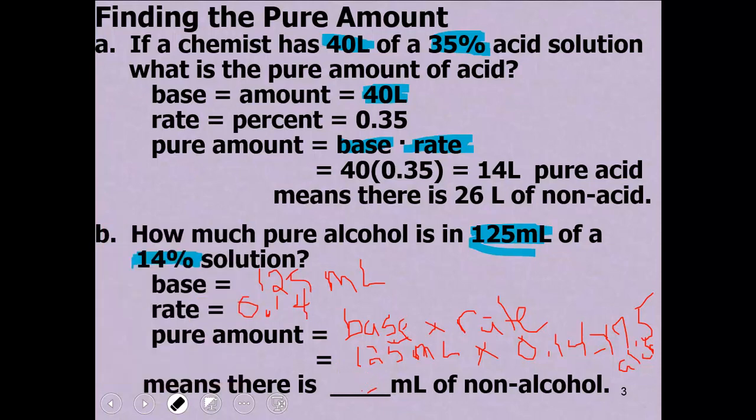Well, you're going to have to take 125 minus 17.5, or 107.5 milliliters of non-alcohol. Okay? So make sure you pay attention to what the question is asking you to find.